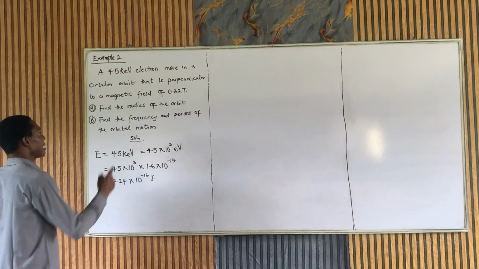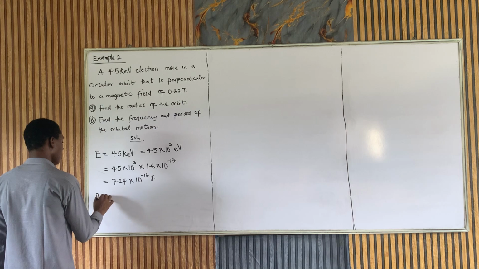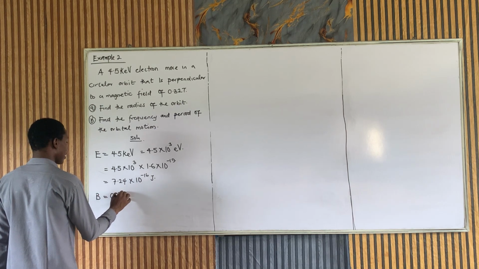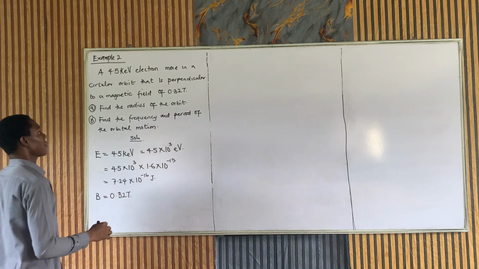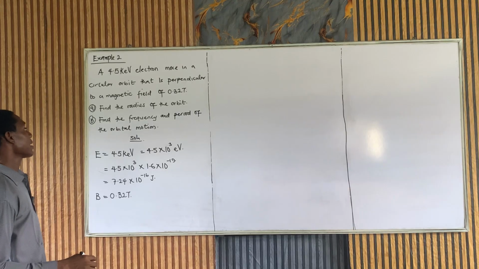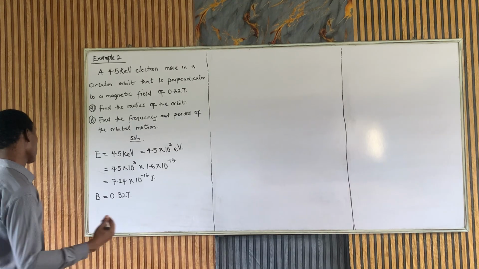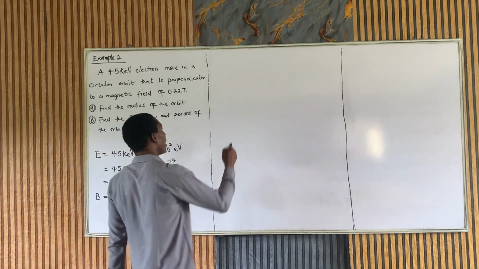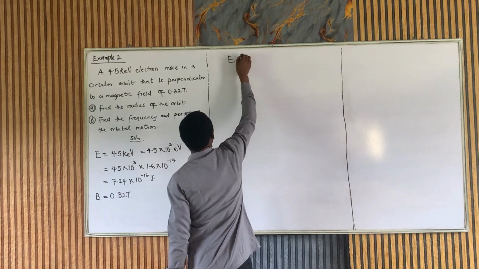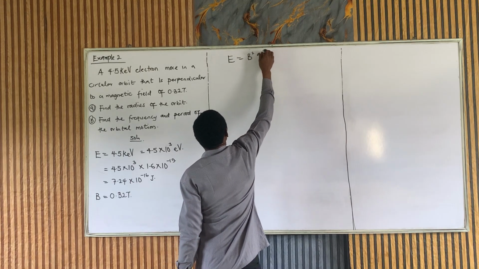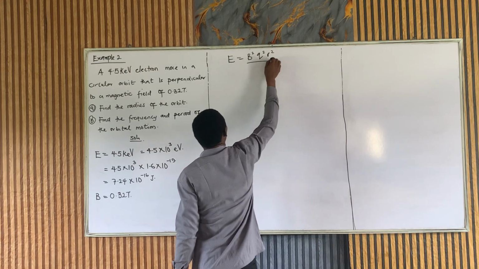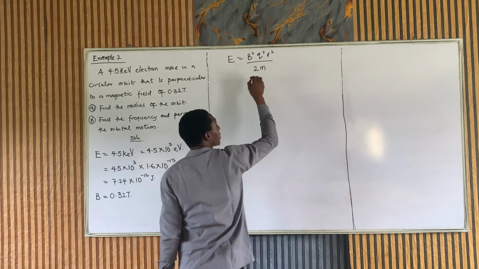So that being said, again, the magnetic field B is 0.32 Tesla. Now we have to get the radius of the orbit. Well, we have an equation for energy that says energy is equal to B squared, Q squared, R squared over 2M.